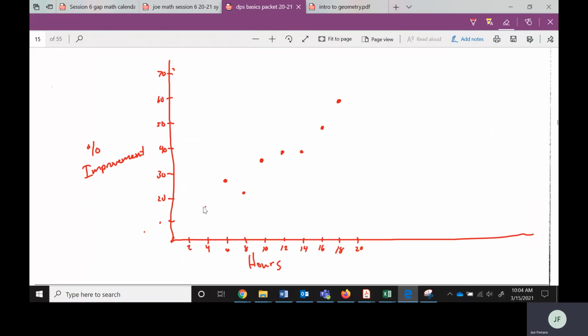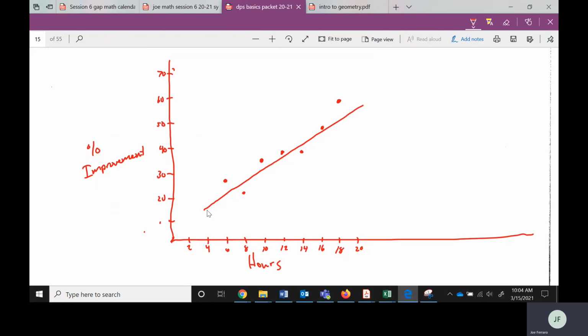I'm trying to use a straight edge on my... try there. Let's try this and see. It's okay. I could have probably had it a little farther up, but let's try that and see.